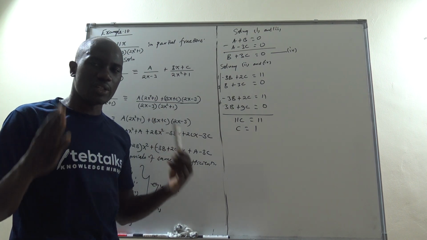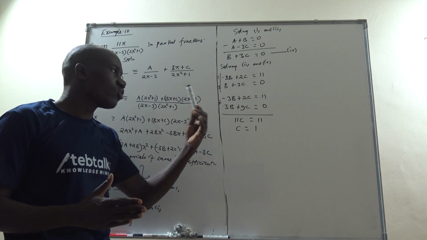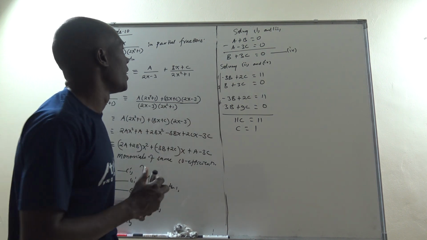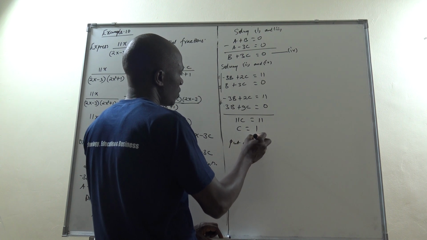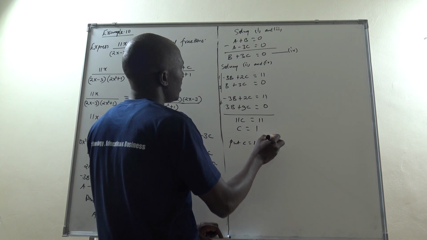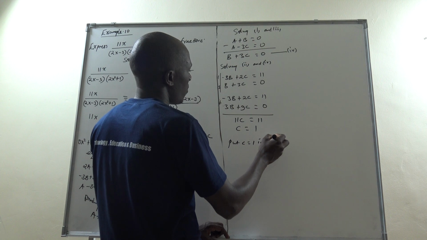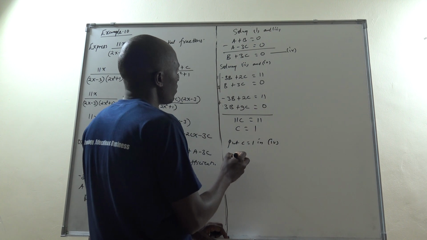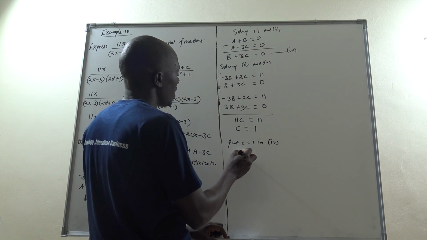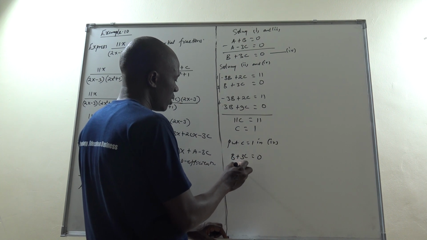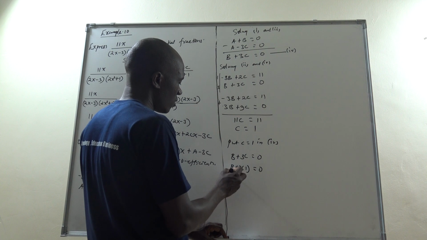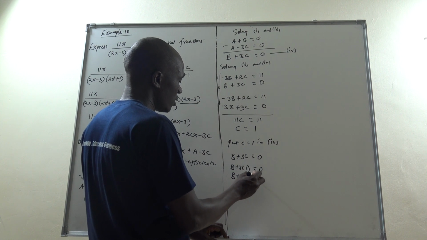Then we can substitute in any of these equations to obtain the value of B. I put C equals 1 in equation 4. So I've got B plus 3C equals 0, where C is already 1, so B plus 3 equals 0.